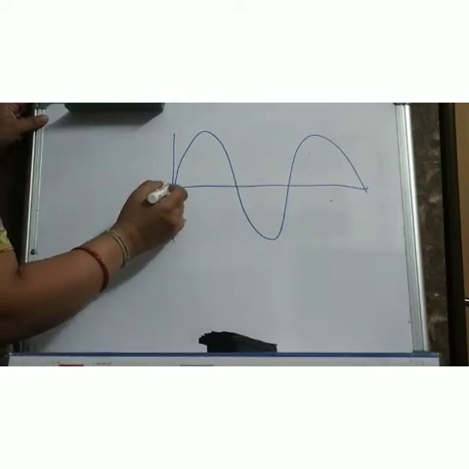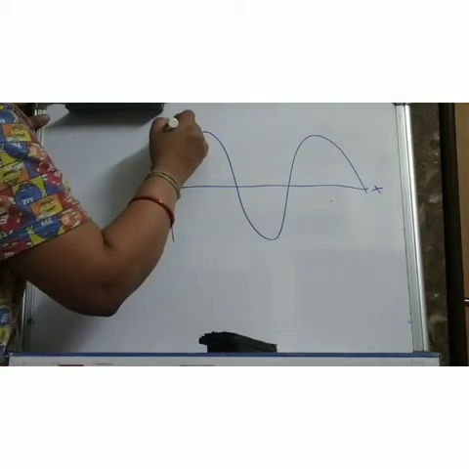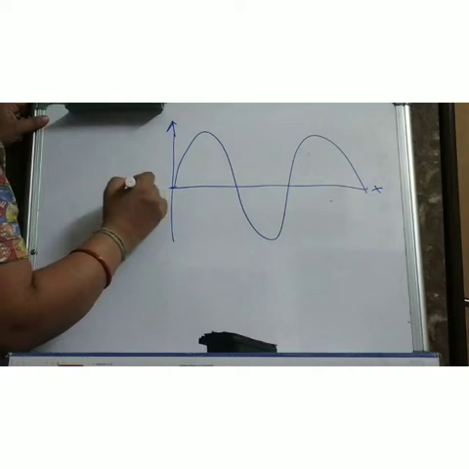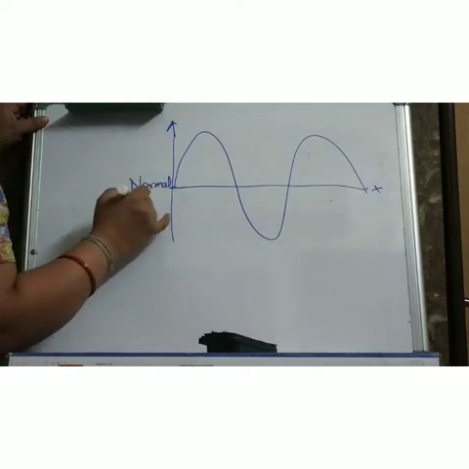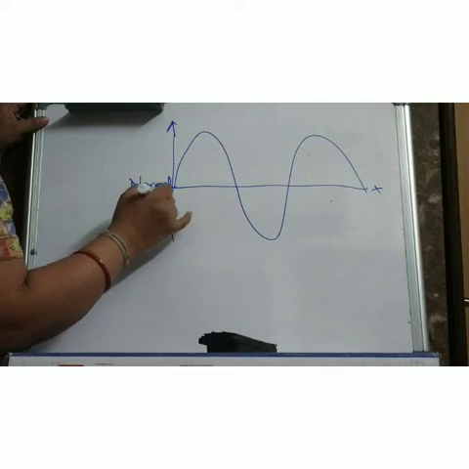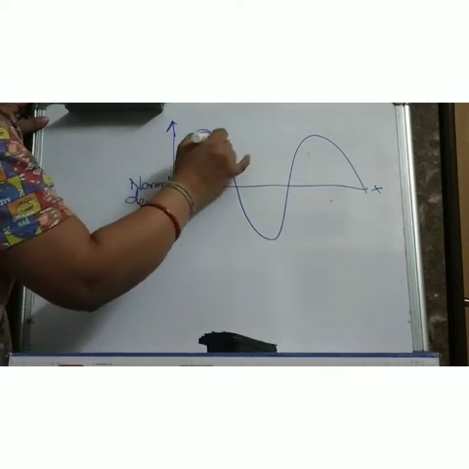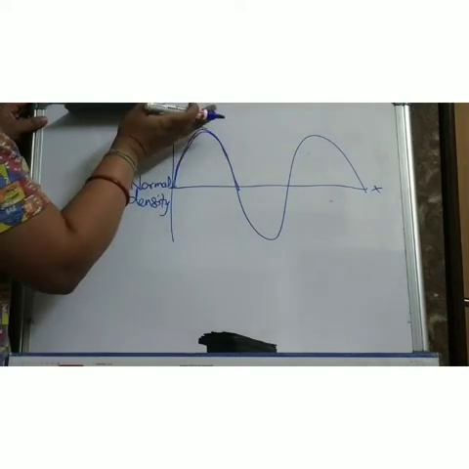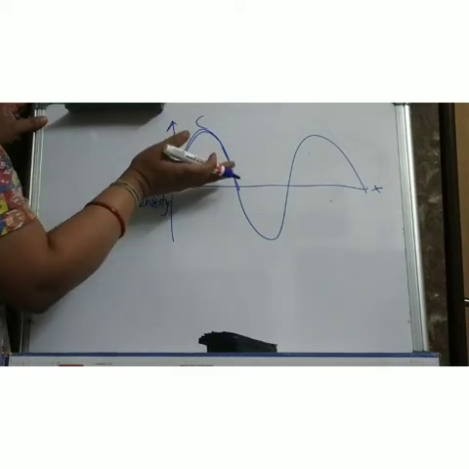So here, if this x-axis represents the normal density, then this is your compression, because here you will see from the normal density it is high up, that means density is more.